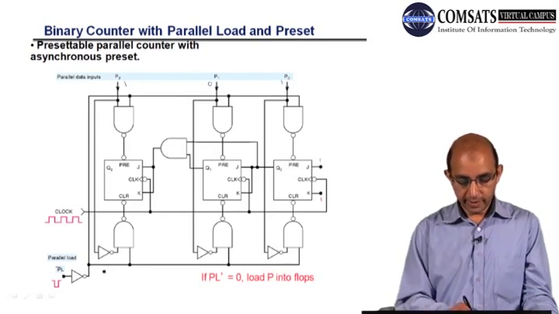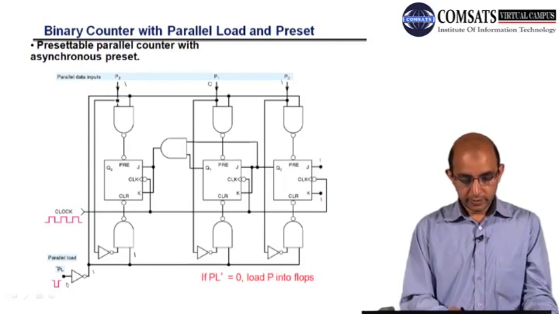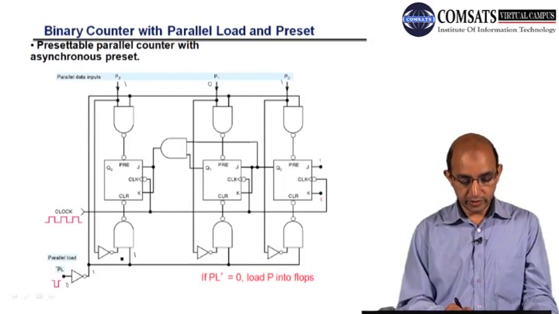PL is 0, so that 0 will make this 1, since it is active low. We want P2 to be 1, so this is 0, which means 1 1 0.